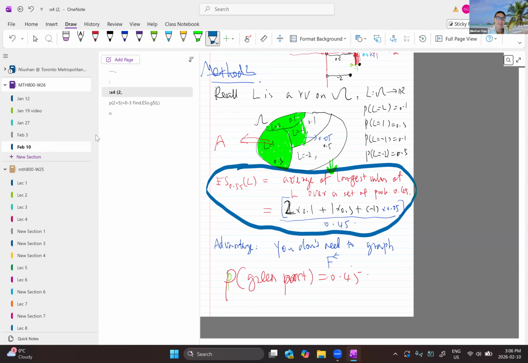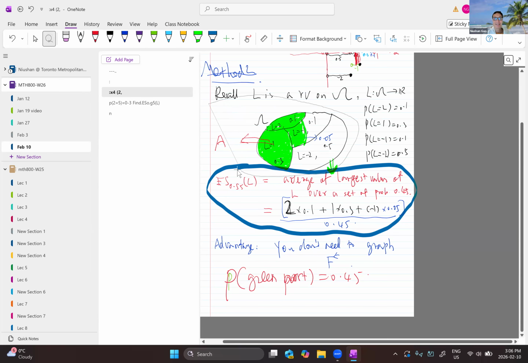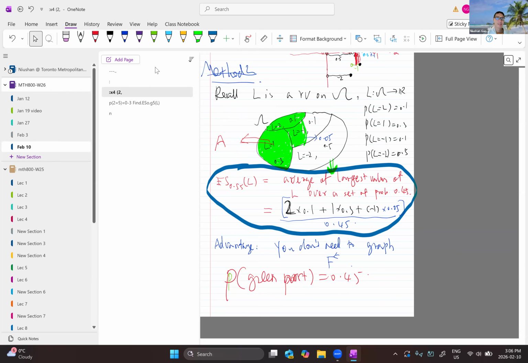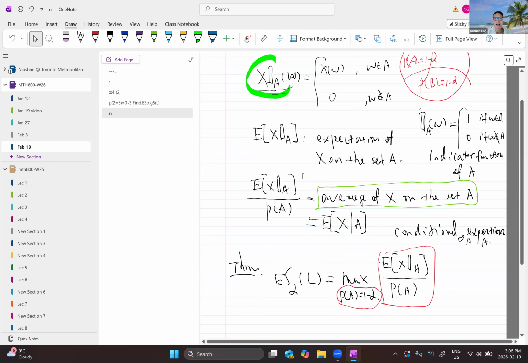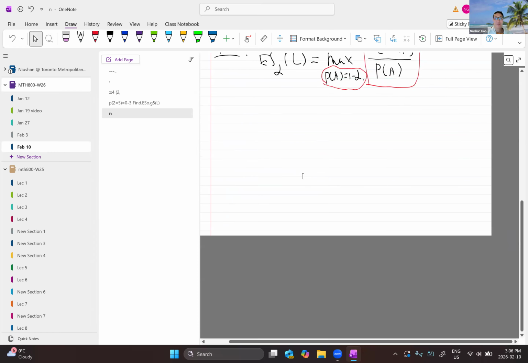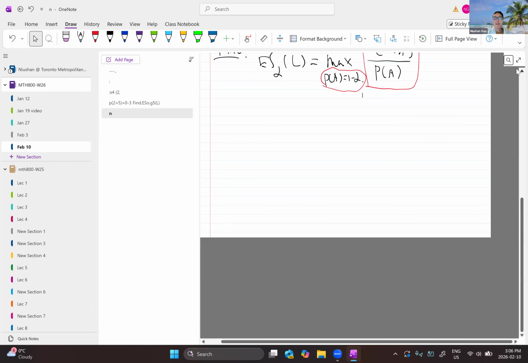If you do another set, you will find that your expectation would be smaller. Let me show you. On this particular set, you can compute the expectation for it. Let's resume the previous example.